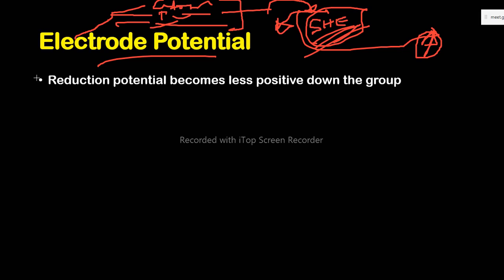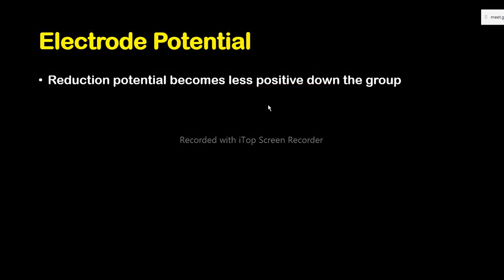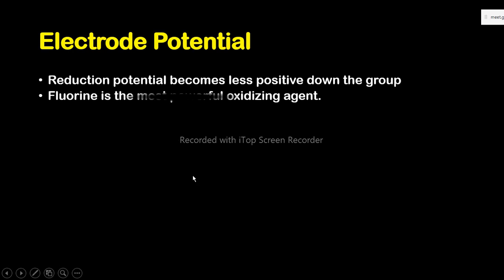Now, for these halogens, the reduction potentials become less positive as you go down the group. What does that mean? It means that the oxidizing power of these elements decreases down the group.